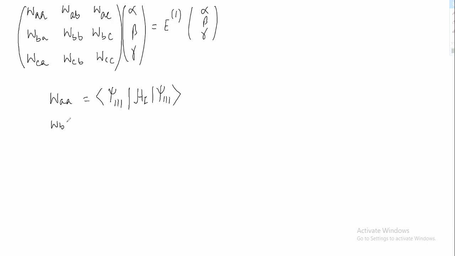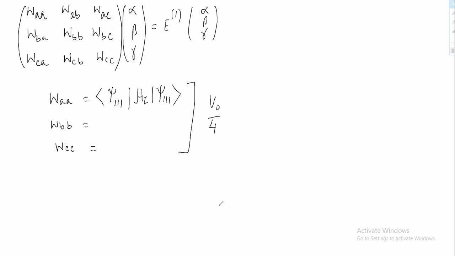Similarly this will be psi B H' psi B and psi C H' psi C. Now tell me what will be the result for all of them. Anybody? So V naught by 4. All of them will be V naught by 4.